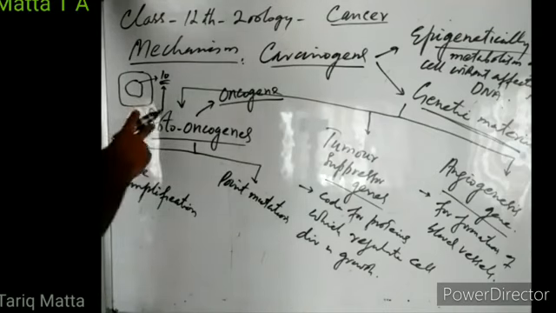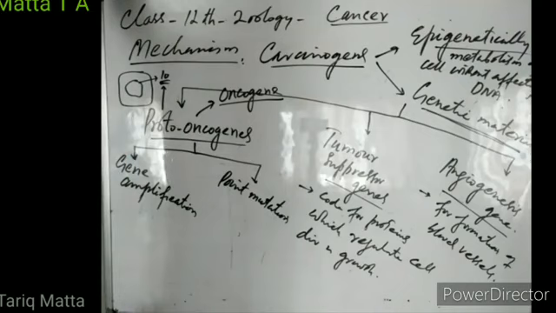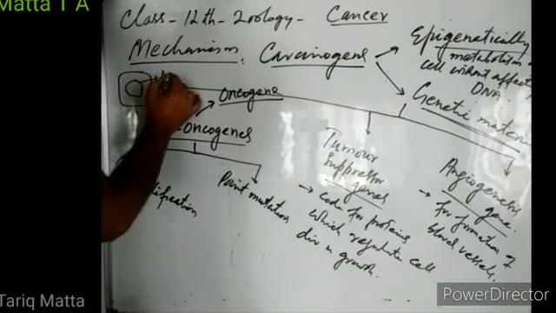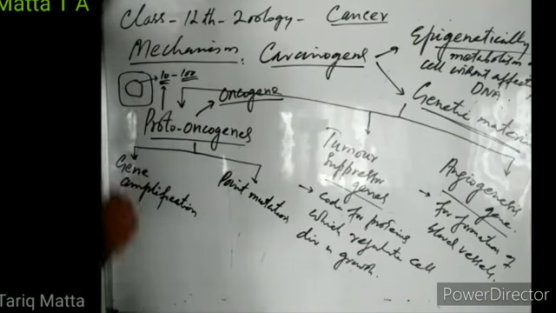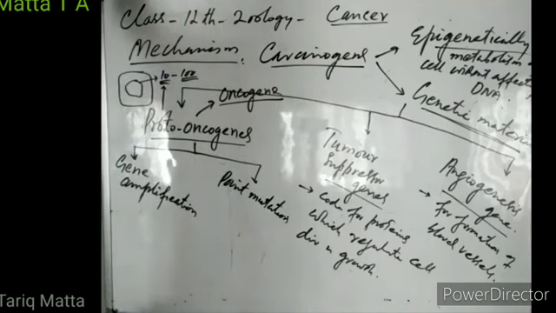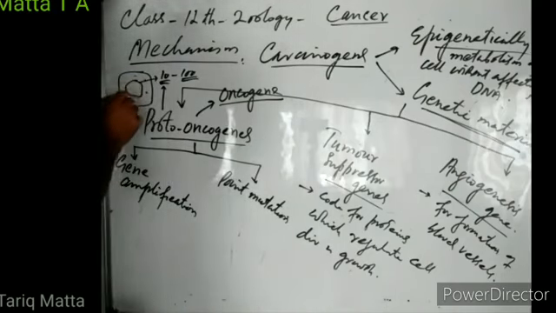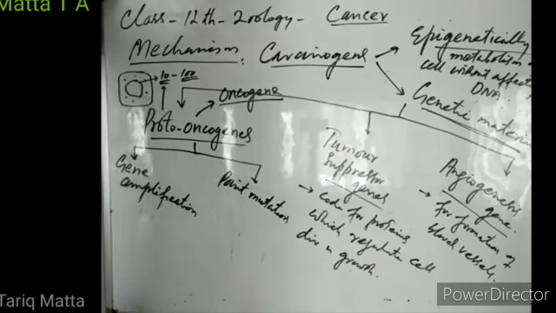Now, if the number of proto-oncogenes in a cell increases, if the number goes from 10 to 100, they will produce excessive protein. And that excessive protein will stimulate this cell for uncontrolled growth and division. So this causes cancer.